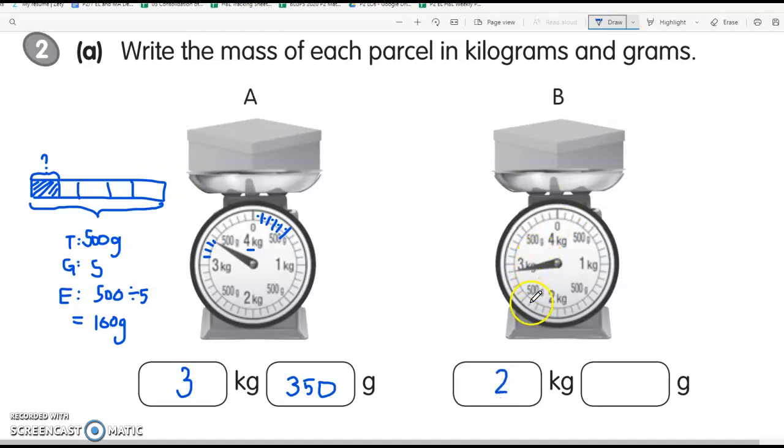Okay, now let's look at where the needle stops. It stops exactly on this interval. Again, each interval is 100 grams. So 100, 200, 300, 400, 500, 600, 700, 800, 900 grams. So this parcel B is 2 kg and 900 grams.